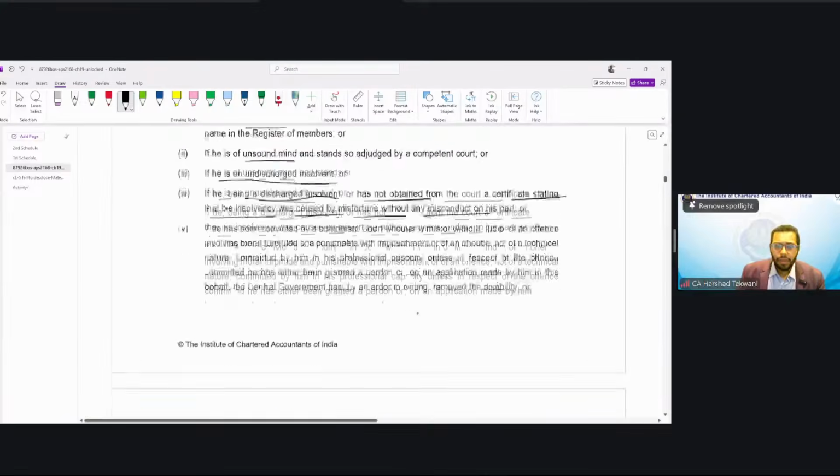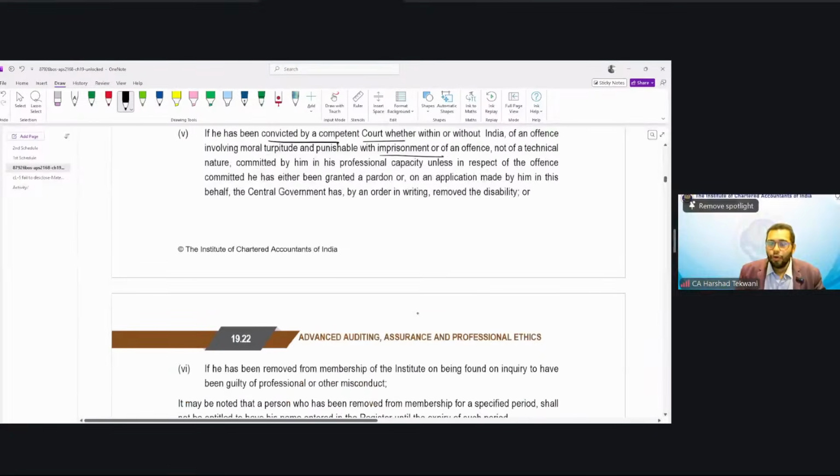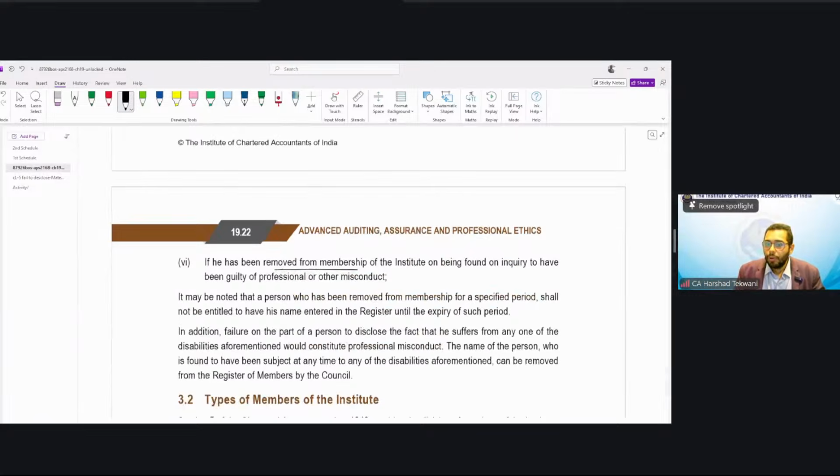Plus, he has been convicted by a competent court for any offense involving moral turpitude and punishable with imprisonment. And then if his name has been removed from the membership of the institute, being found guilty of professional or other misconduct, the disability applies. Your name can be removed under Section 8.